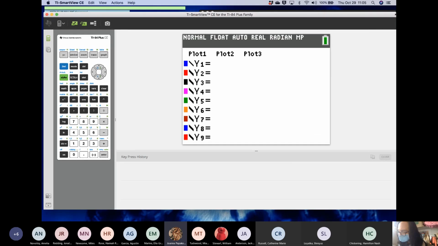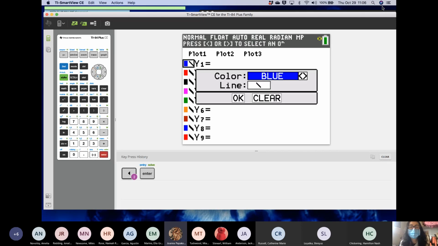All right, so I'm going to put in the first one. Now, the key is it has to be in slope-intercept form for you to be able to put it in the calculator. Okay, so I'm going to say y, and it's not equal. So I have to scroll all the way to the left and hit enter. Some of you have color, some of you don't. Mine have color, so I'm going to choose blue. Doesn't matter.